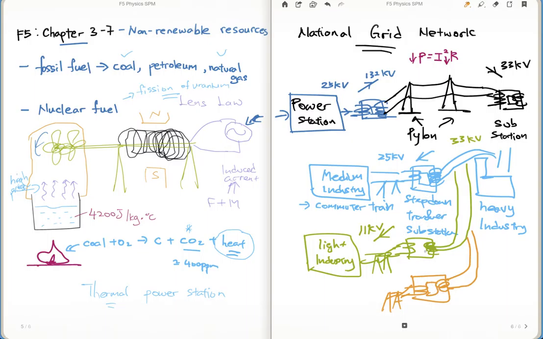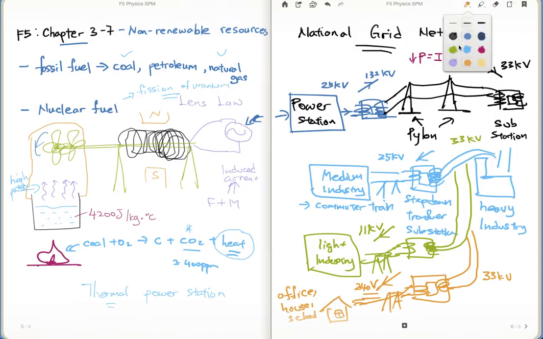Substation, step down transformer substation. Now they bring it down from 33 to only 240 watt. And then this is to your housing area, office, house, school. So from initially 33 kilowatt down to 240 watt.